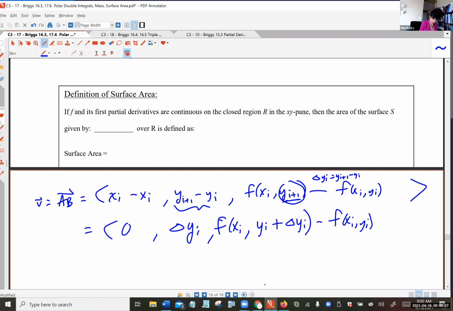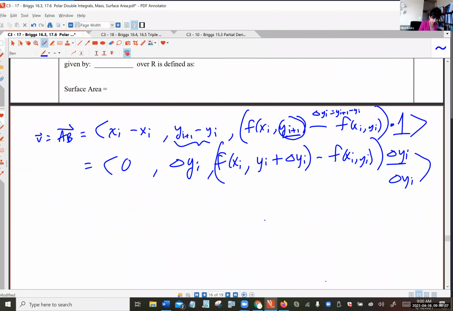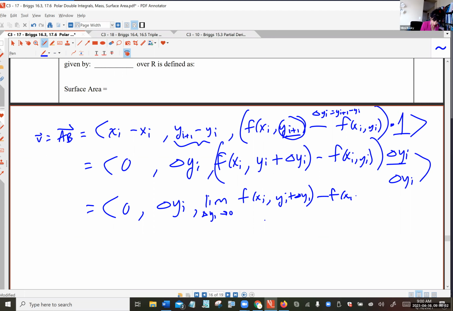And then once again, this last difference, I'm going to multiply it by a special version of 1, where the special version of 1 is going to be delta y sub I over delta y sub I. And so when I do that, and then also take a limit after I do a little bit of rewrite here, you'll recognize this as the other difference quotient for one of those partial derivatives, like this.